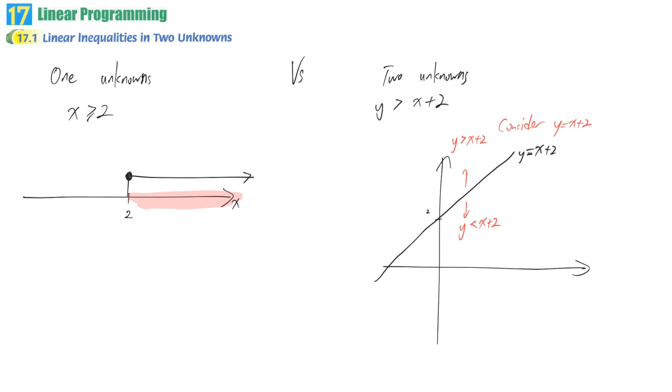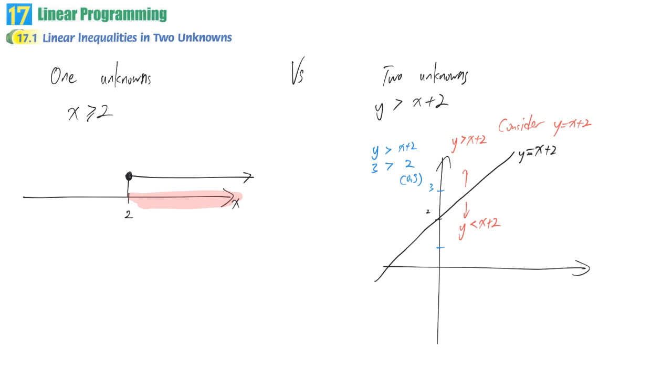For example, if I say 0, 3, and we test whether 0, 3 fulfills the requirement, you may put it inside. Then we have y equal to 3, and x plus 2 means 0 plus 2, that means 2. So in this region, we find that y is larger than x plus 2.